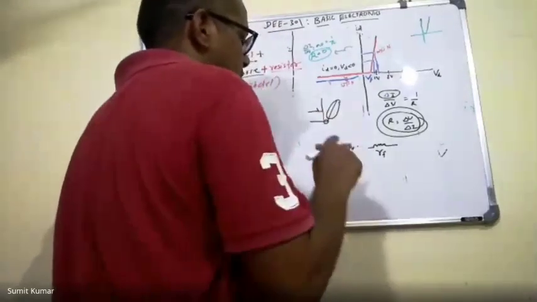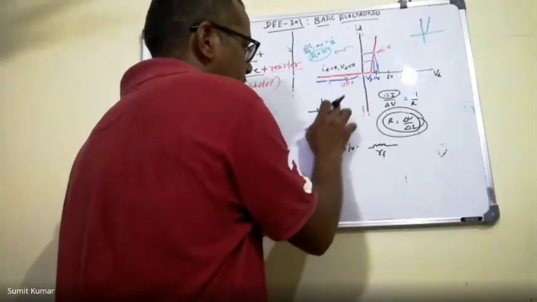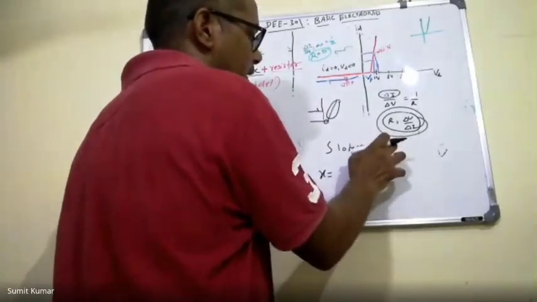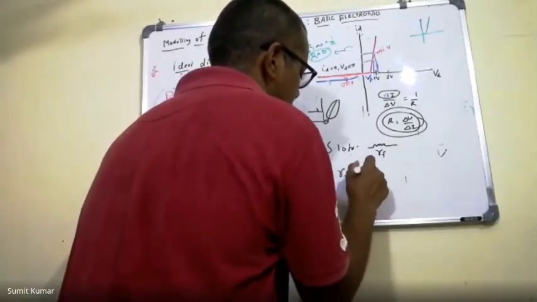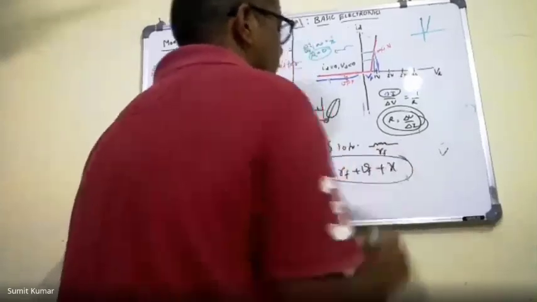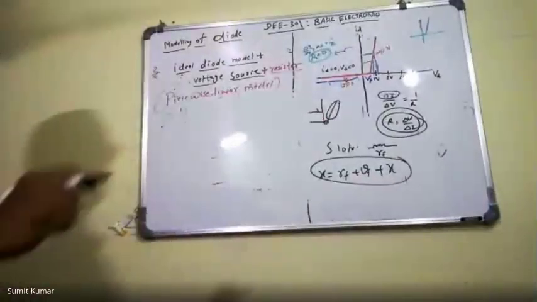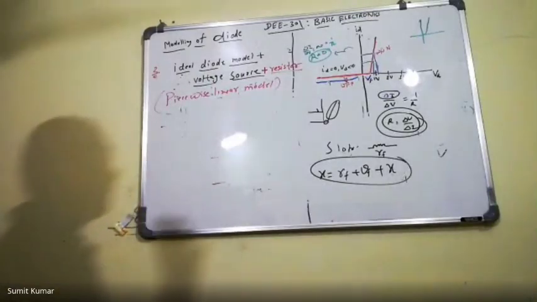I need to consider these two extra things, this extra voltage and this slope, which we have modeled as a resistance. So if I use a resistance and a voltage and the previous modeling, which is the ideal diode, then I can model it as the ideal diode model plus voltage source plus resistor model.